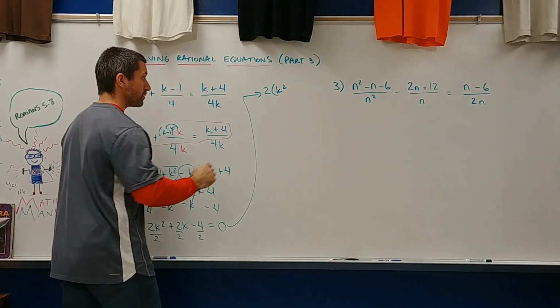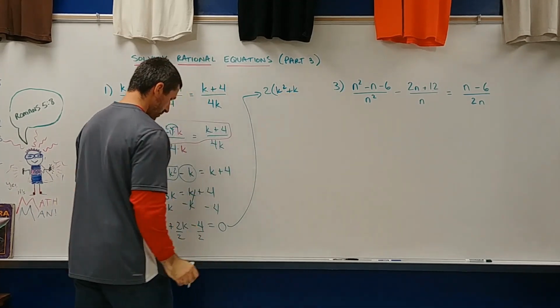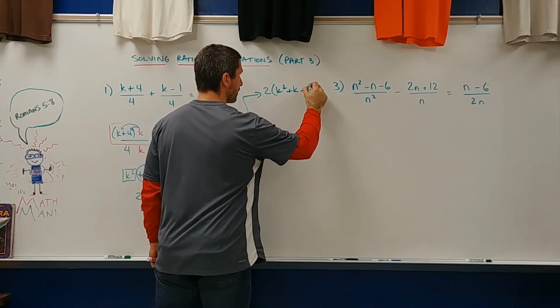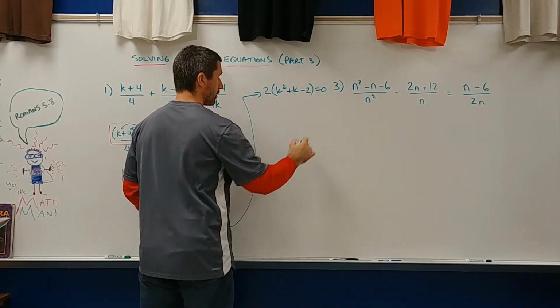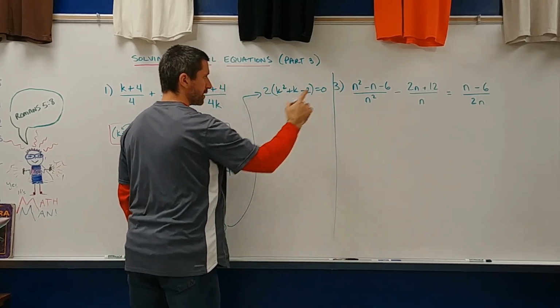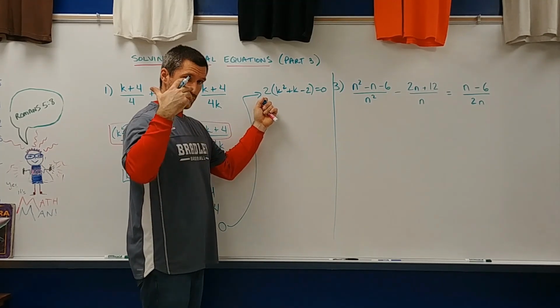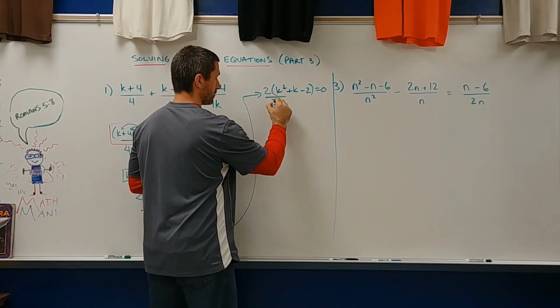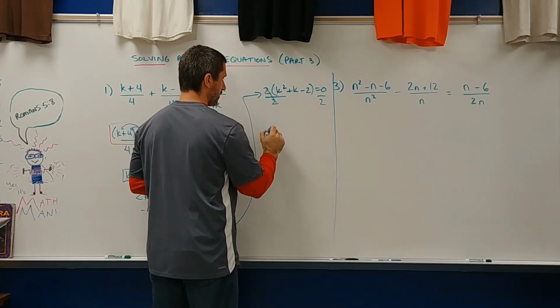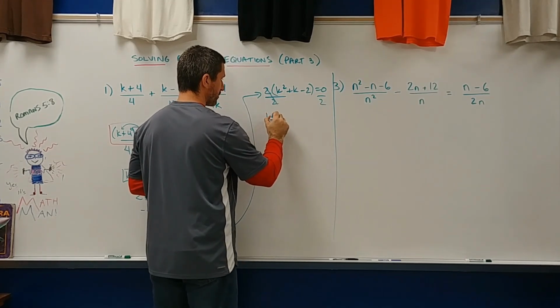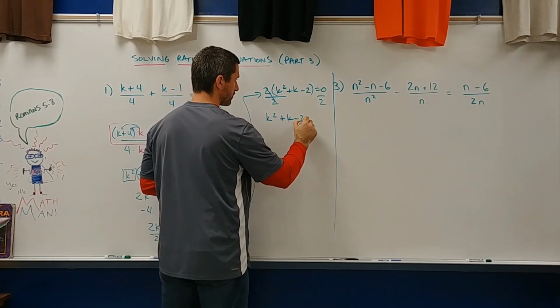Plus k minus 2. Okay? Get you in a second. What happens to the 2 now that you've factored it out? Remember, you can divide by it, and it cancels. See you later. And now we're going to factor this trinomial into 2 binomials.